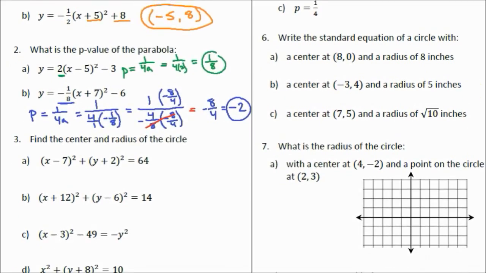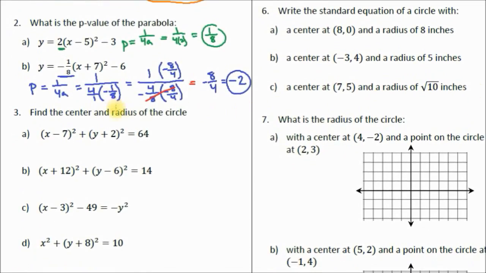Alright, number 3. Find the center and radius of the circle. Alright, we can do that. Because we know the center is found at h and k, we know the center is going to be at h. We flip the sign when we pull it out of the equation, so that's +7. K value for a circle, we flip that as well because the equation has y minus k.